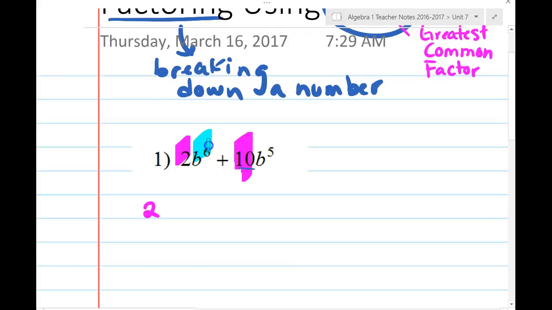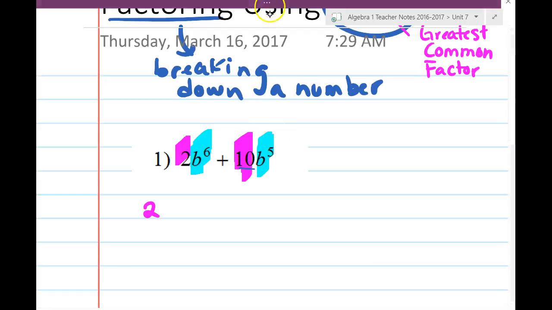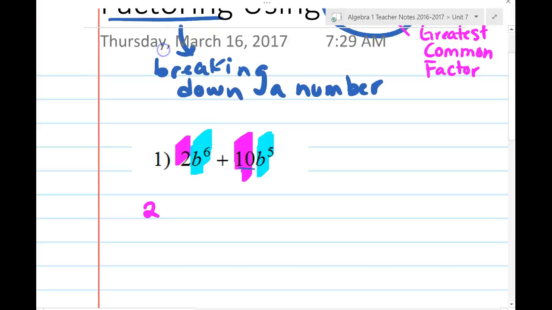But now I want to know, what is the common factor between the variables? Well, I have to ask myself, what is the same between b to the 6th and b to the 5th? If Eduardo has 3 sisters, and I have 4 sisters, well, that means that we both have 3 sisters, at least.